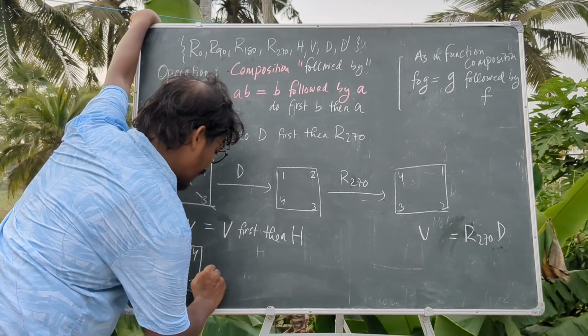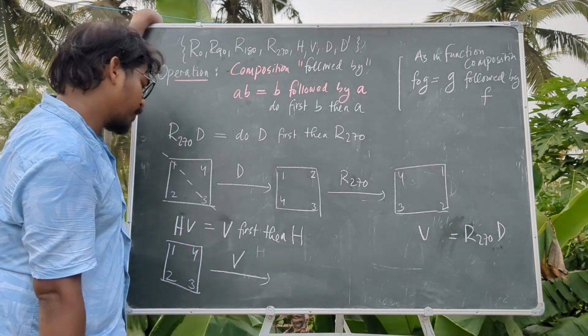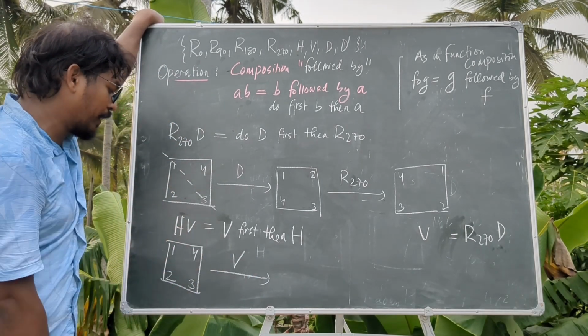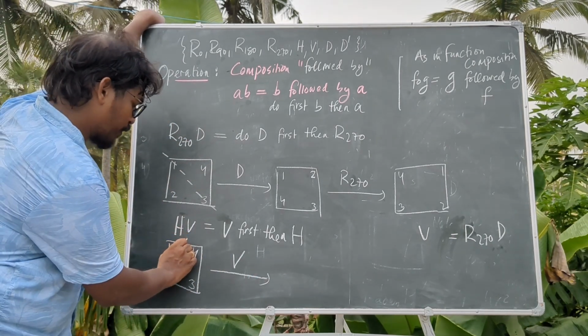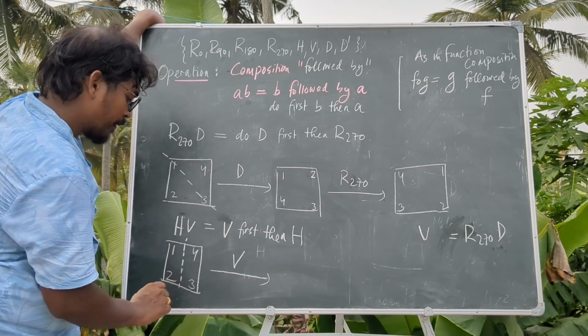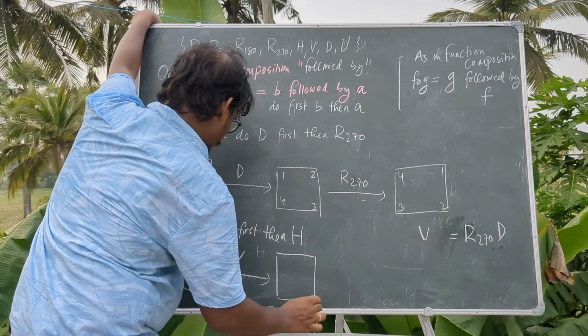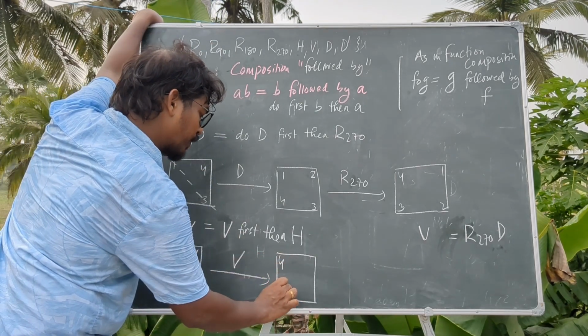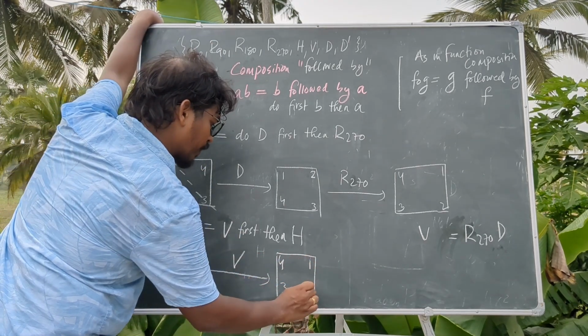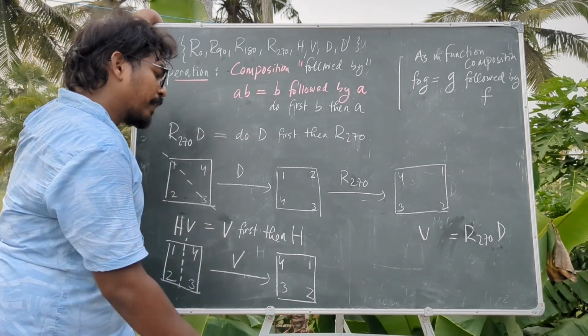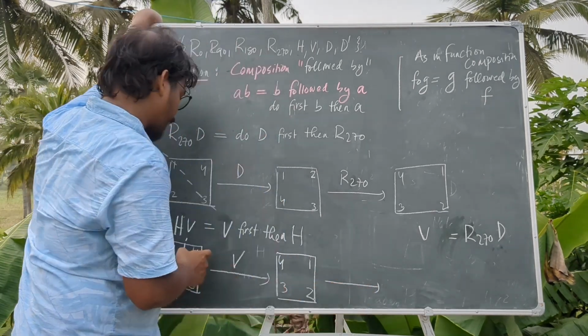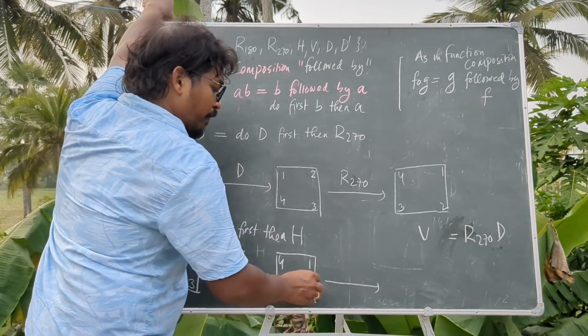And I will do B first. Flip the square vertically. This is our vertical axis. And after vertical flip, I will get 4 here, 3 here, 1 here and 2 here. Then I will do horizontal flip.